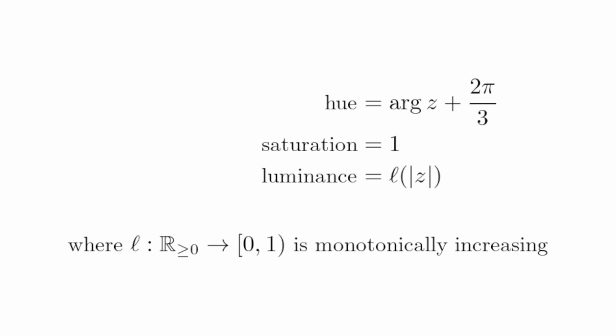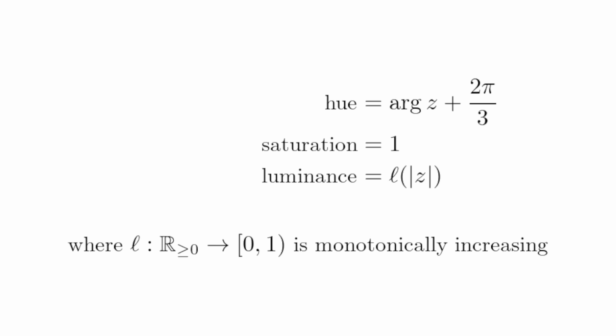To be quite explicit, we have this formula. The hue is the argument of the complex number, which is the angle it makes with the positive x-axis, plus 2 pi over 3, just so that the positive x-axis is green. Saturation we just set identically to 1, and the luminance we set to some function of the magnitude of the complex number.